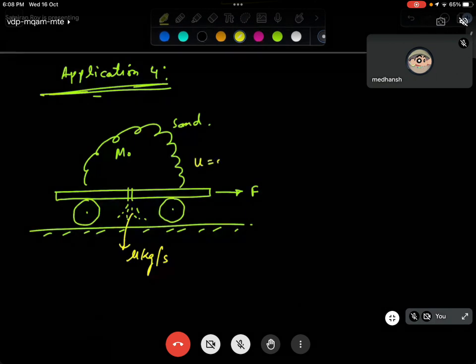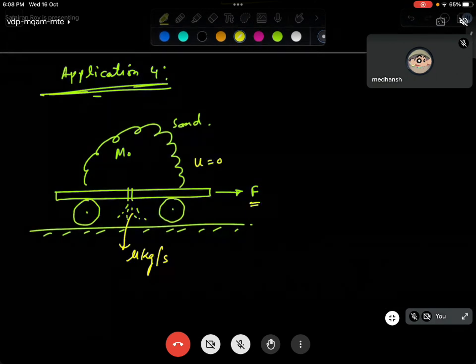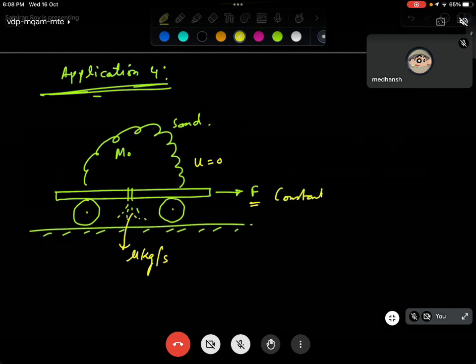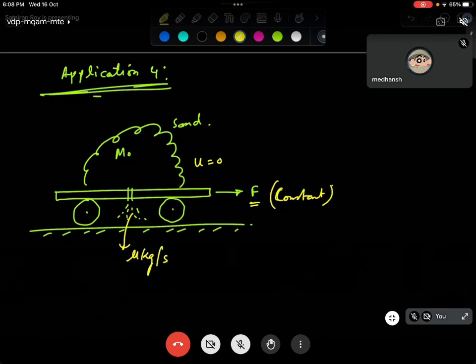A constant force F is applied. You have to find velocity. This surface is smooth. Velocity of cart.